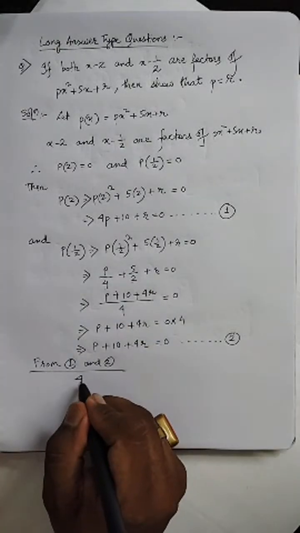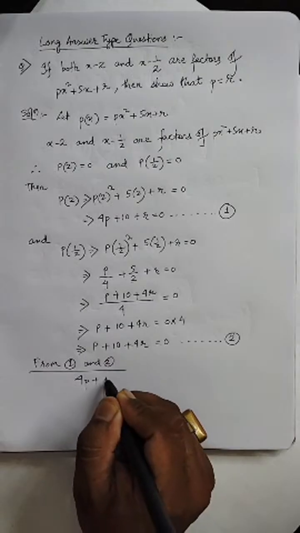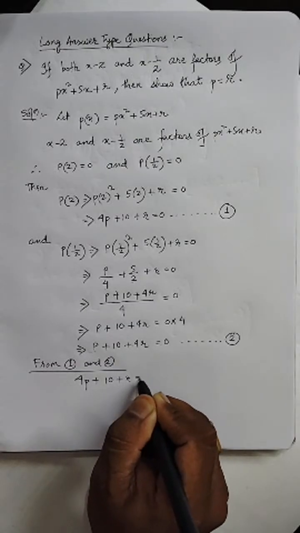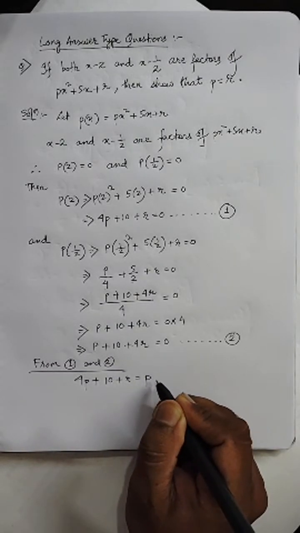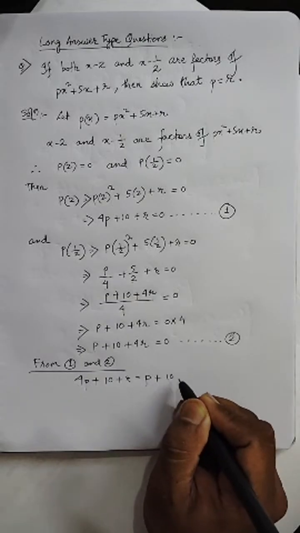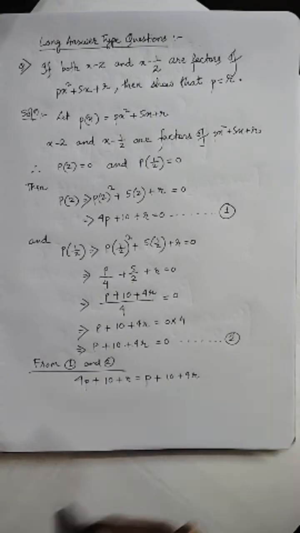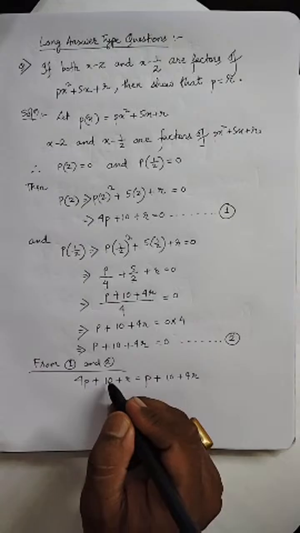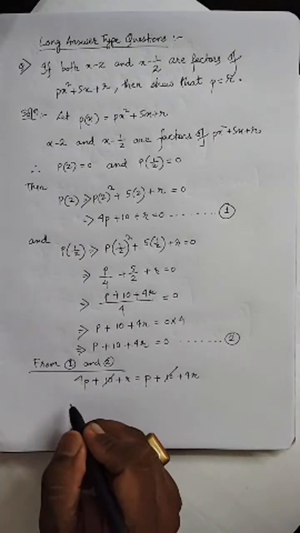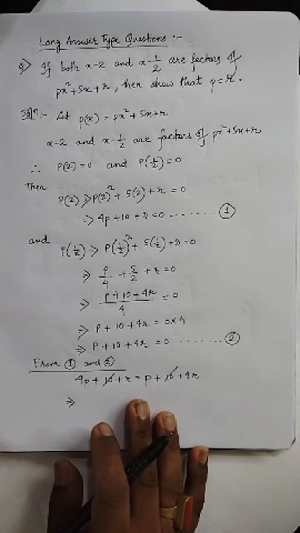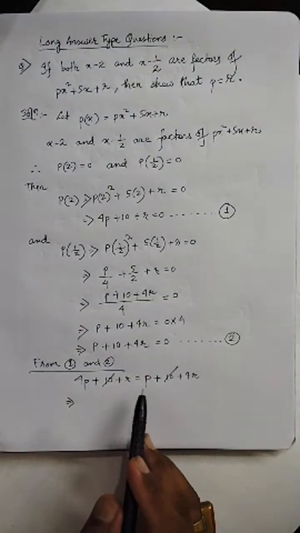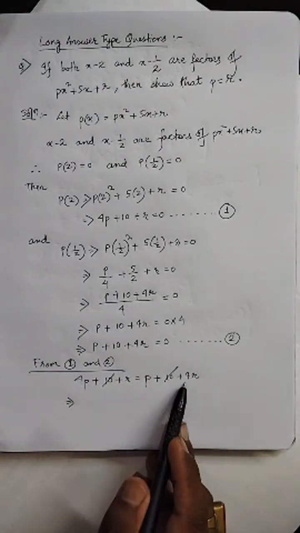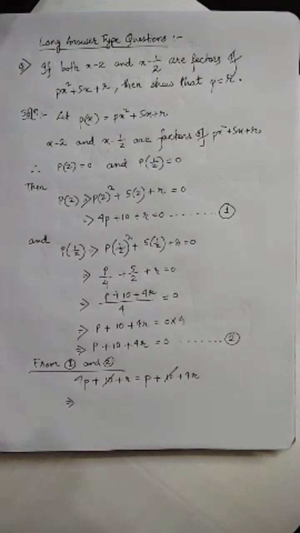So 4p plus 10 plus r is equal to p plus 10 plus 4r. Okay, so we have 10 on the left hand side, 10 on the right hand side. So these two will get cancelled. So now we can transpose this p and this r, so that the terms with same variables remain on the same side.